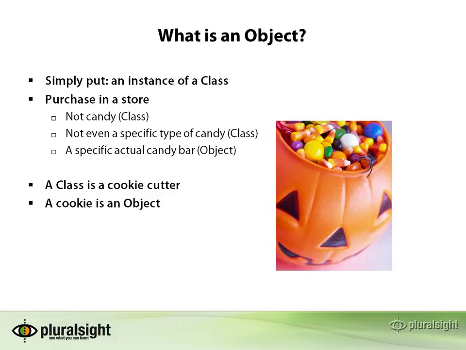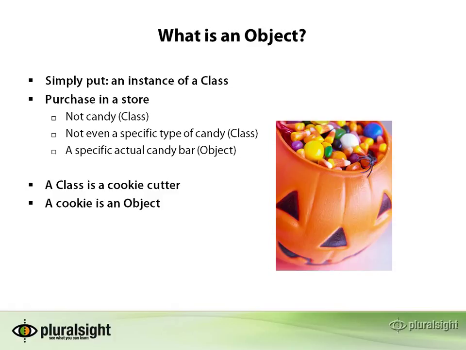So another way to think about this is a purchase in a store. Now, if you went to a store and you said, I want some candy. Well, that's not an object. Candy is a class. If you just said, I want candy, the person selling the candy might say, you need to be more specific than that. I want a specific type of candy. Well, that's still not good enough of a definition.